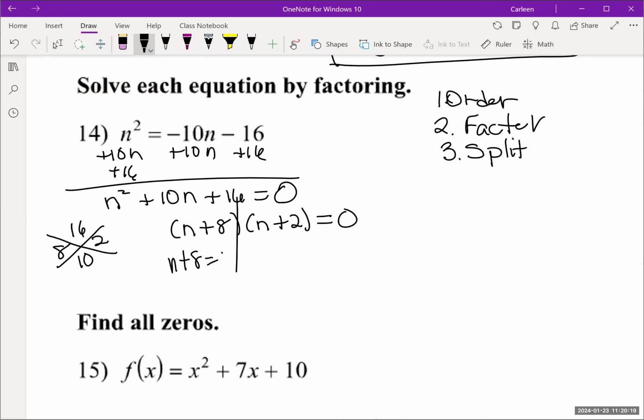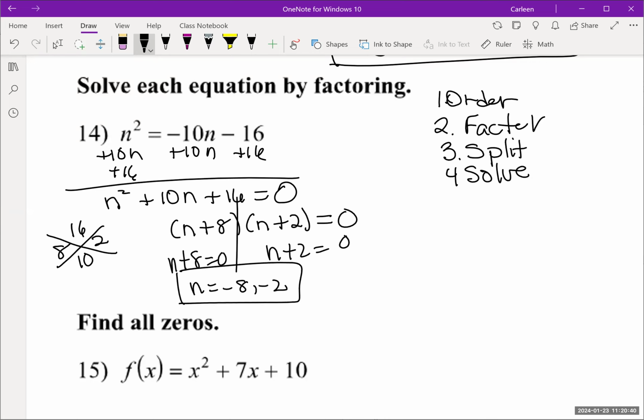N plus 8 equals 0, and N plus 2 equals 0. The only way I can multiply two numbers to get 0 is one or both of them are 0. So, and solve. N is equal to -8 and -2. Not too bad. We're kind of doing a lot of review.